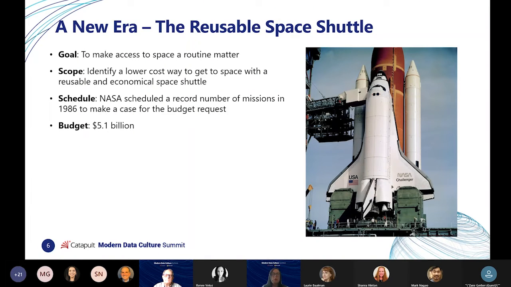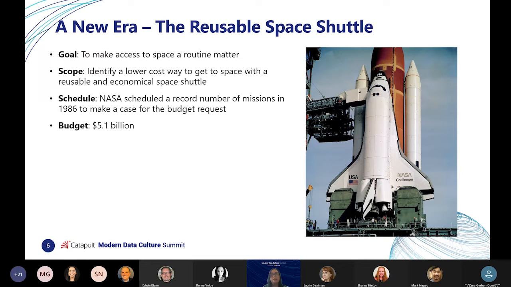So to give you a brief overview of what was going on in this project. The goal that NASA had was to make access to space a routine matter. They wanted to identify a lower cost to get to space with a reusable and economical space shuttle.